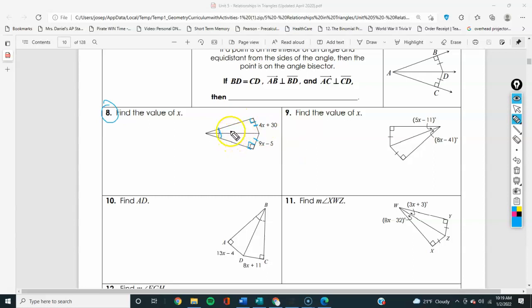Or you could look at, like, I have angle, angle, side, because reflexive, so those pieces are congruent. Or you could use the angle bisector theorem. Either way, you're going to set your two sides equal to each other. And then you're going to solve using some handy dandy math. You get 5x equals 35, or x equals 7.